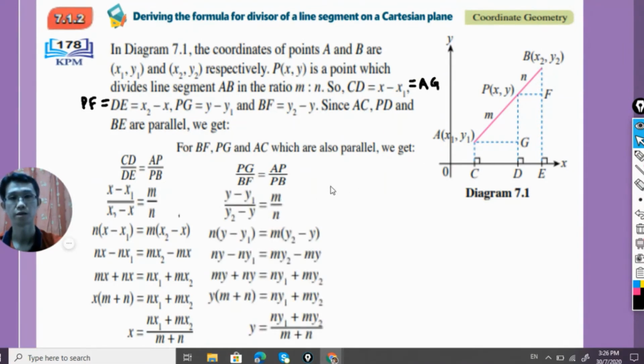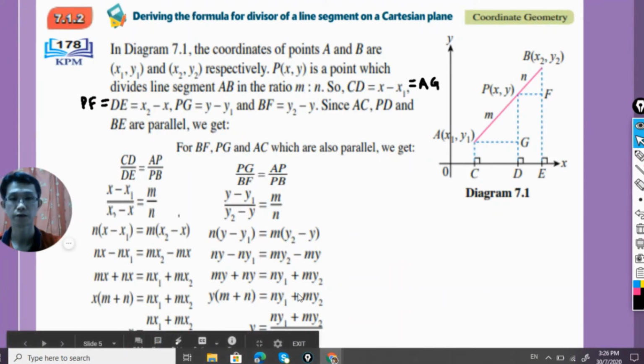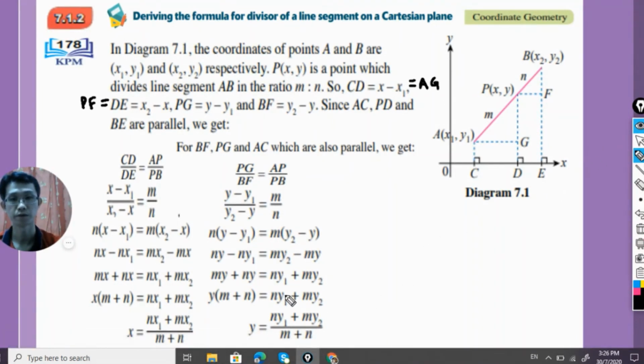By replacing the relevant expressions for PG and PF and doing some manipulation and simplification, we should get an equivalent expression for the coordinate y.